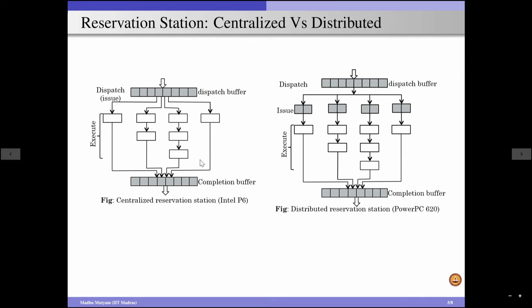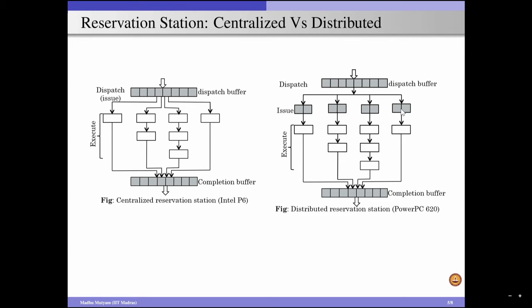In other words, we can consider an intermediate design where the reservation station is divided into two sub reservation stations, and one reservation station will supply instructions to two functional units, and the other reservation station can supply instructions to the other two functional units.